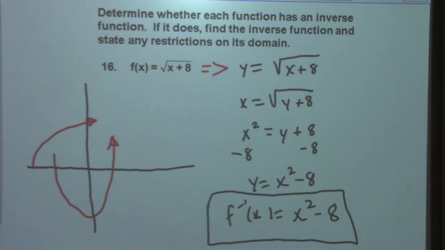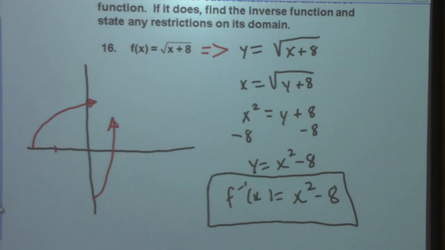Okay, so to be a true inverse function, we have to restrict our domain right here like this. Otherwise, if we have the left part of this parabola, that's not a function. These are supposed to reflect about each other. So the domain restriction is going to be greater than or equal to 0.